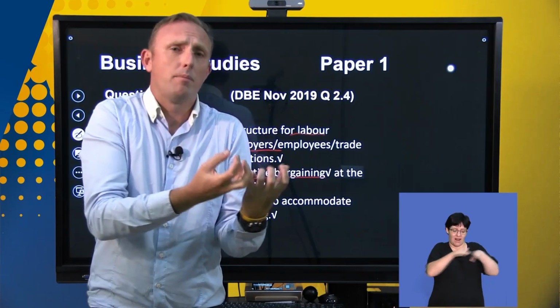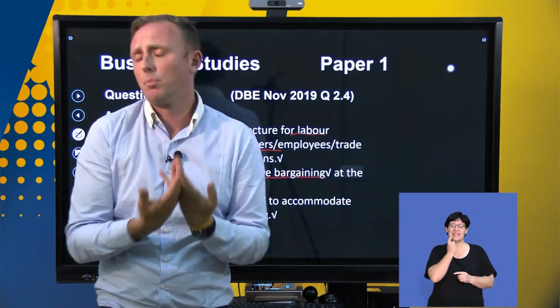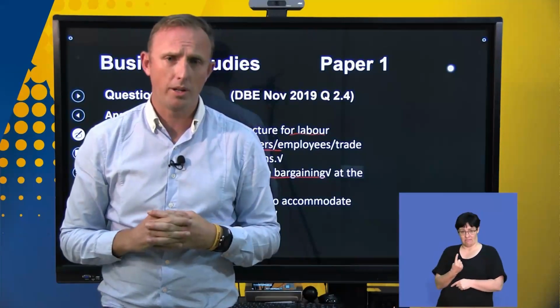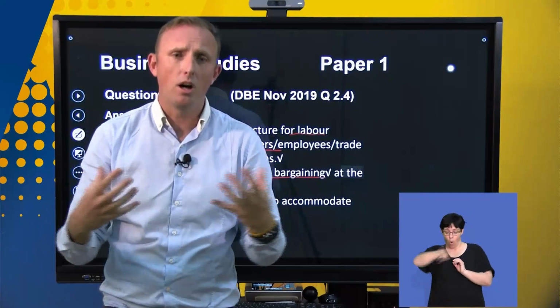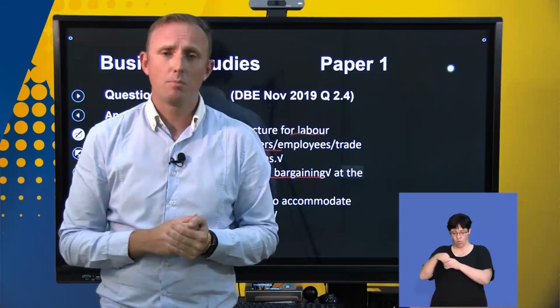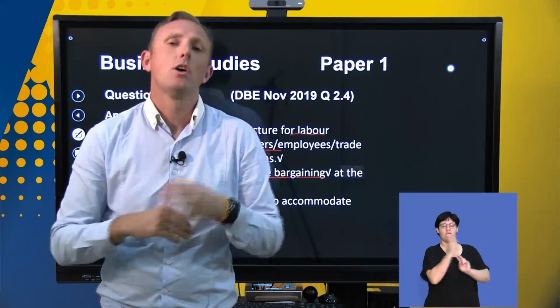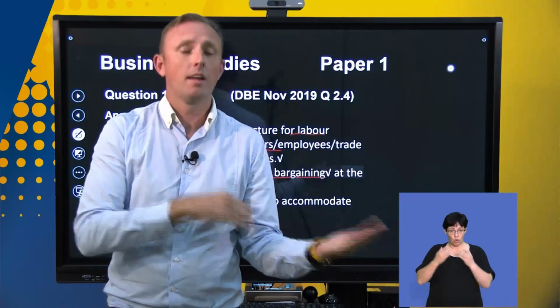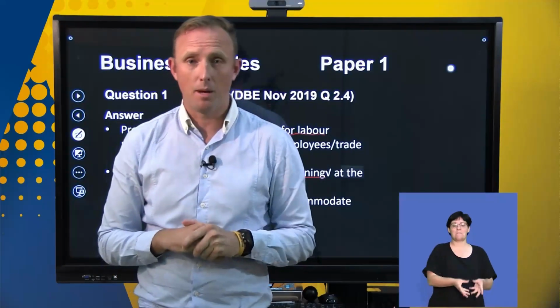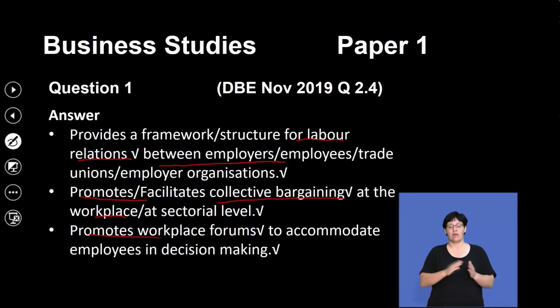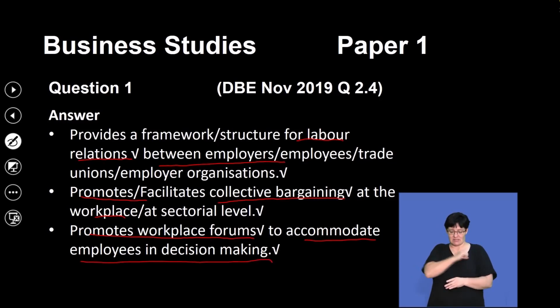It's very easy for an employer to say no to an individual employee. However, through collective bargaining, the individual employees are able to join with the other employees, and they have more of a voice. And if they have more of a voice through collective bargaining, there's a greater chance of getting what they are asking for.